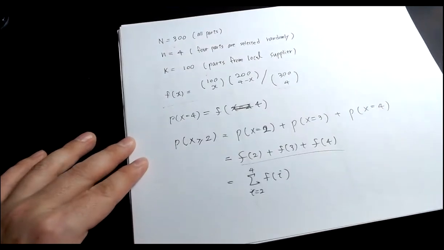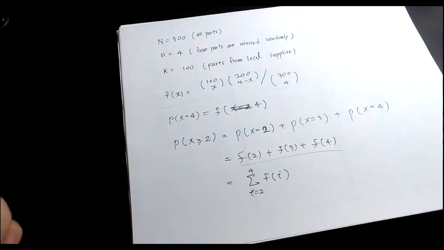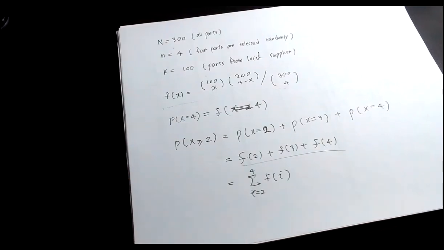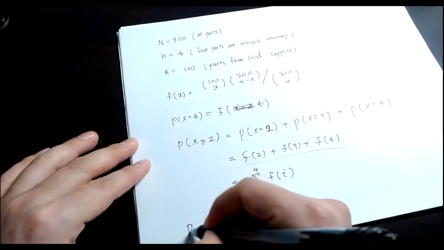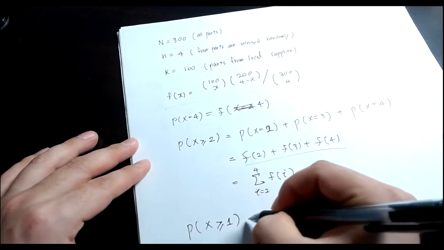And then the last question in this example: what is the probability that at least one part in the sample is from the local supplier? When you see at least, then you have to use the rule for complements. So we have to calculate the probability that X is greater than or equal to 1, which is what the problem is asking.